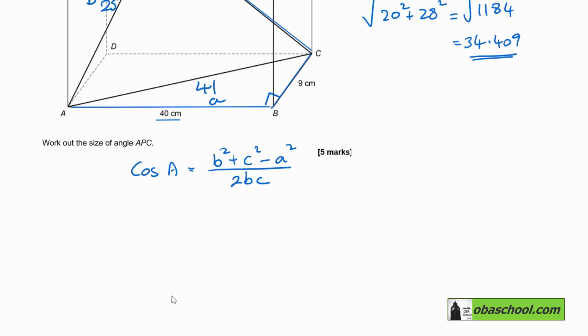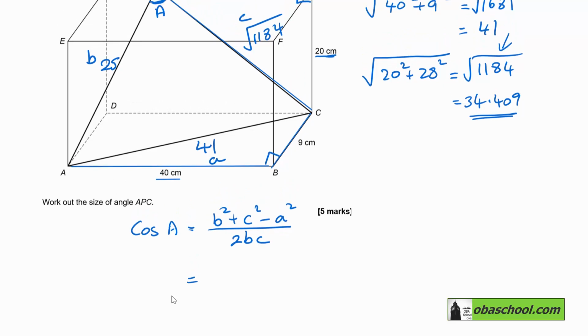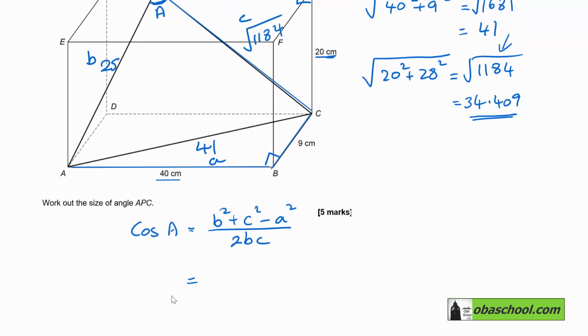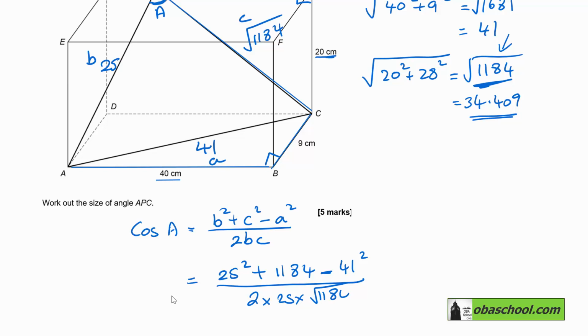So the cosine of the angle that we're trying to find is going to be B squared, and that's 25 squared, plus C squared, well that's going to be 1184, the square of this. Take away 41 squared, all divided by 2 times B, which is 25, times the square root of 1184.